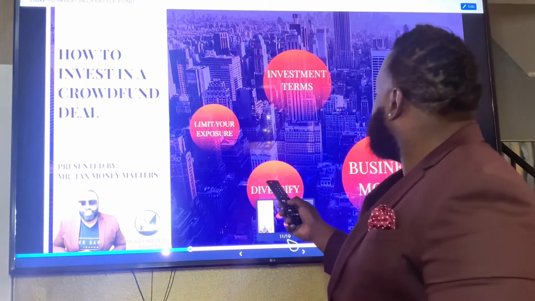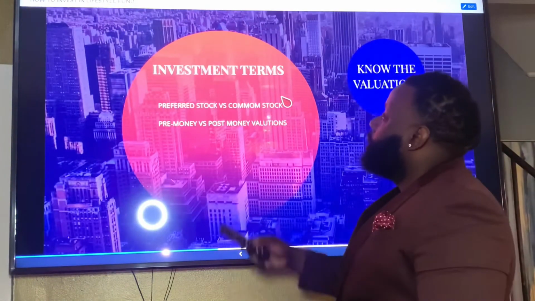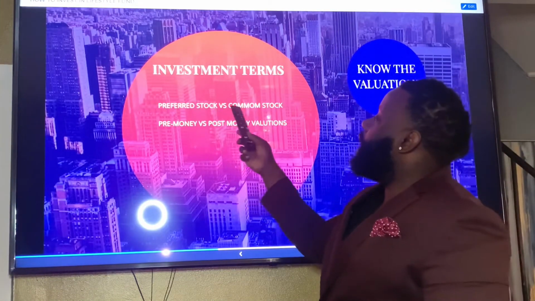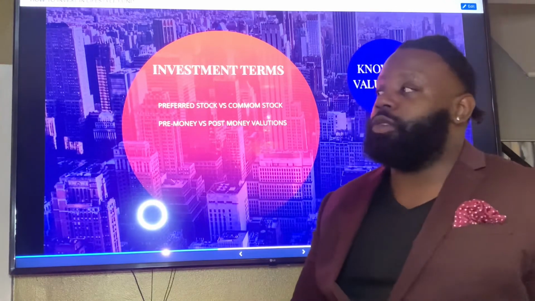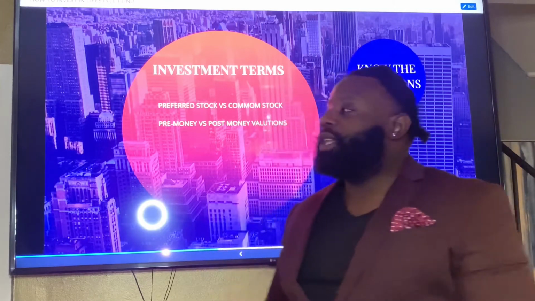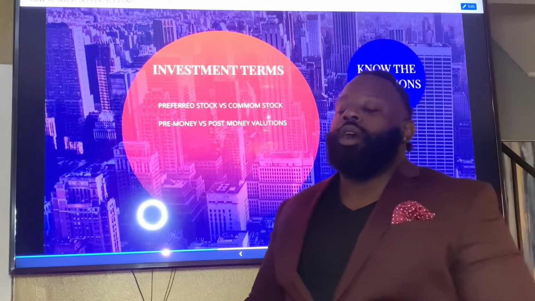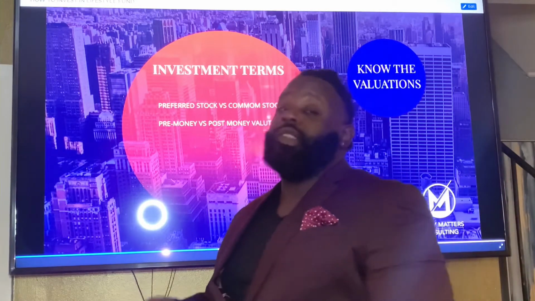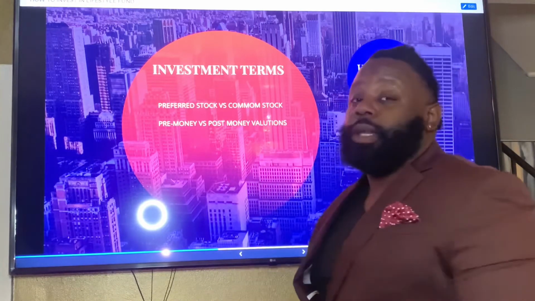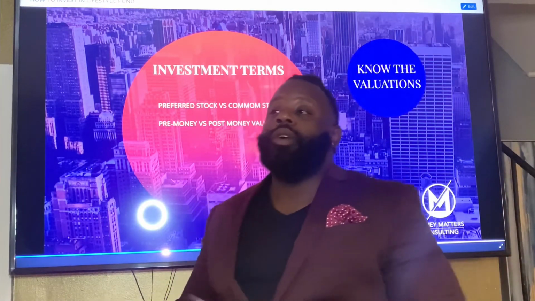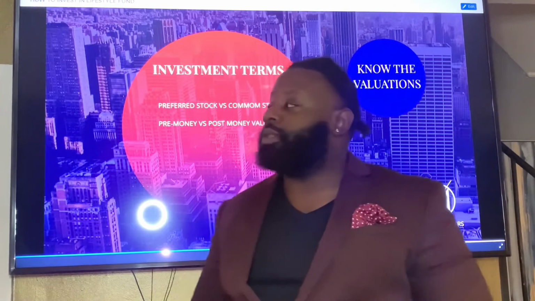So let's go through the investment terms one more time. You want to know if it's preferred stock or common stock. You want to know if it's pre-money or post-money valuation. Pre-money valuation is, okay, this is what we're projected to make, or this is what the fund is projected to do. Post-money means that, okay, the money is there now. Post-money normally happens after the first initial couple of investments, right?